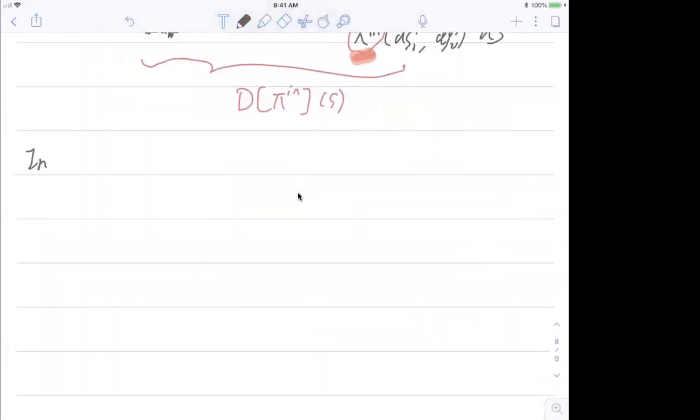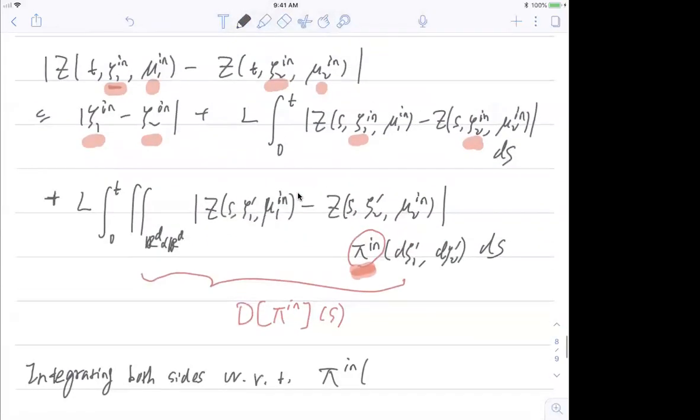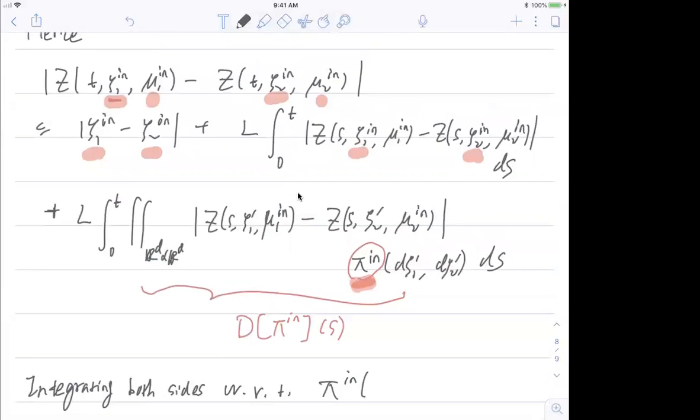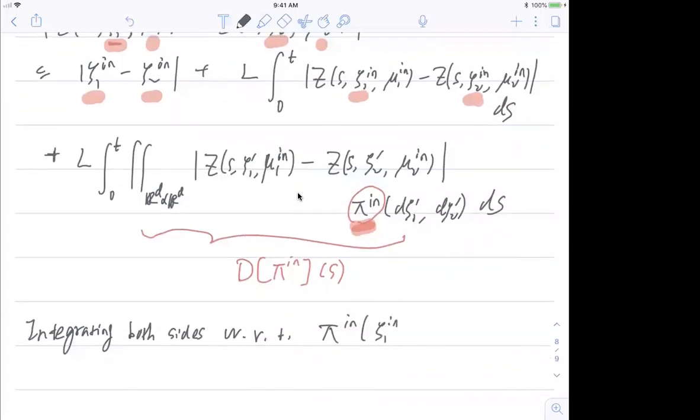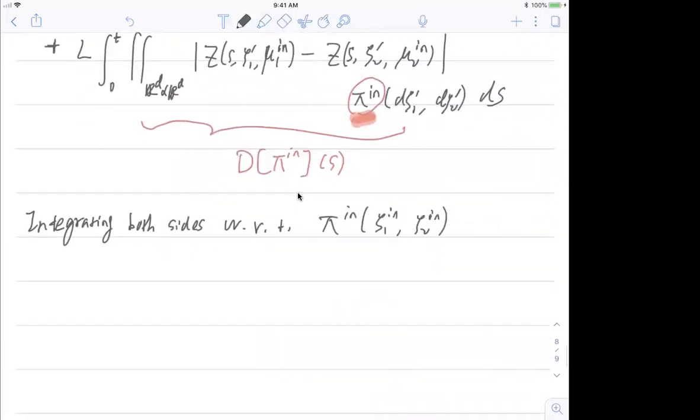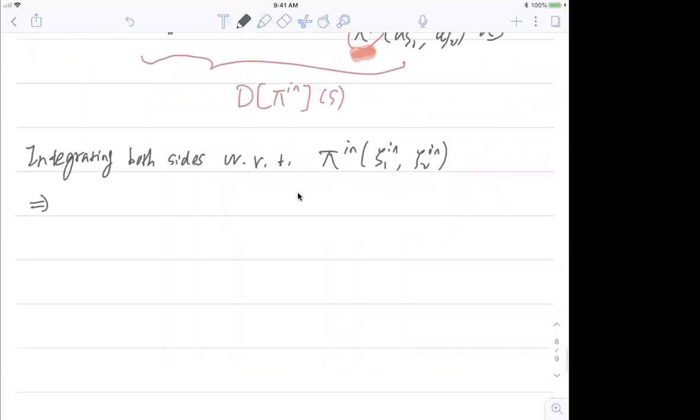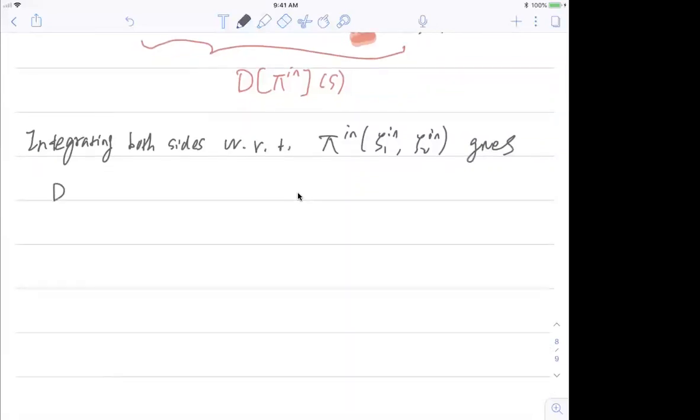We are integrating both sides with respect to it. But now the variable changes. It's not originally xi 1 prime, xi 2 prime. Now the variable is xi 1 initial and xi 2 initial. So this gives the following.